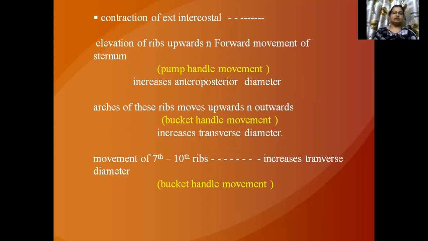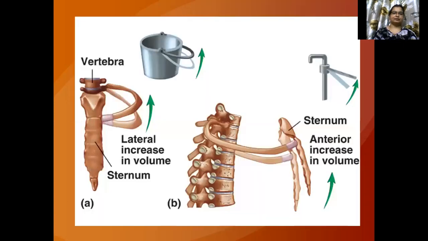The arches of these ribs move upward and outward, which is also called bucket handle movement. In this, the transverse diameter increases. Movement of the 7th to 10th ribs increases the transverse diameter. There is a diagram showing pump handle movement and bucket handle movement.